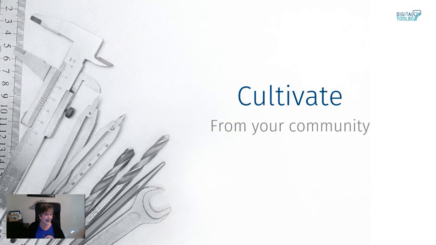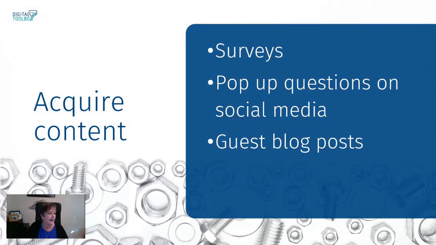And cultivating. I do an entire presentation on user-generated content, so I'm just going to hit the highlight here. This is a technique where you can reach out to the people who know and love you with surveys or pop-up questions on social media. And as people answer, you can collect their answers and turn it into a blog post.